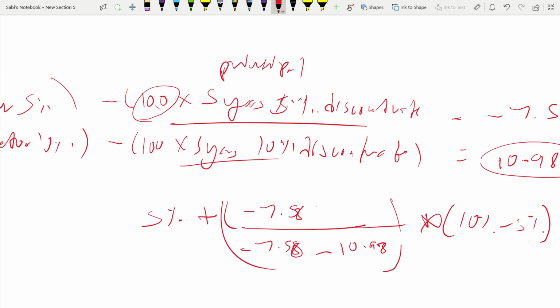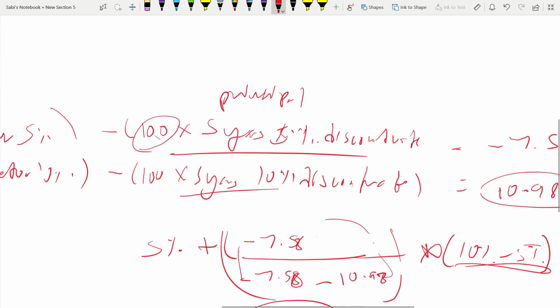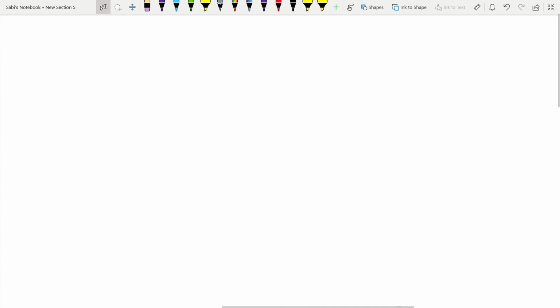This is how you normally do IRR, but here you are using the present value of the bond at 5% and 10%. Then you will be getting 7.04%. It has to be between 5 and 10%. So this is the post-tax cost of debt, 7.04%. Okay, make sure that you understand this.